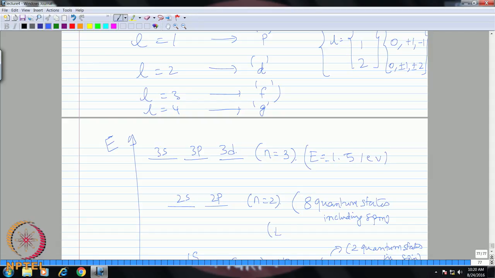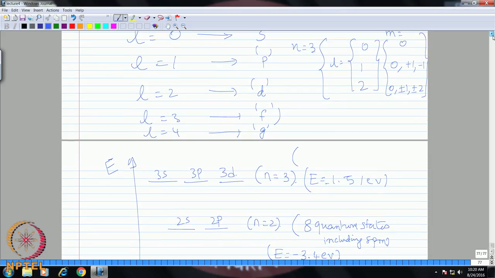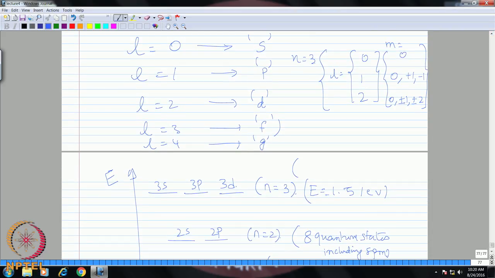For n equal to 2 we have minus 3.4 electron volts. How many quantum states are possible for n equal to 3? 1, 2, 3, 4, 5, 6, 7, 8, 9, into 2 for the spin. So, we have 18 quantum states including spin.